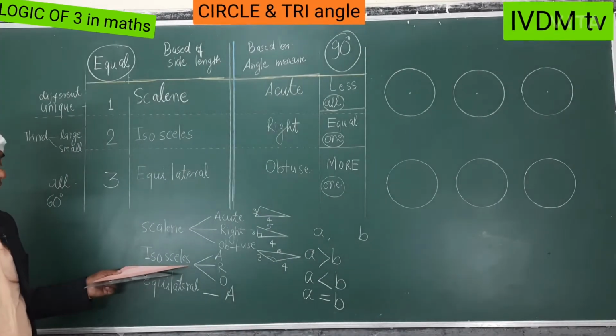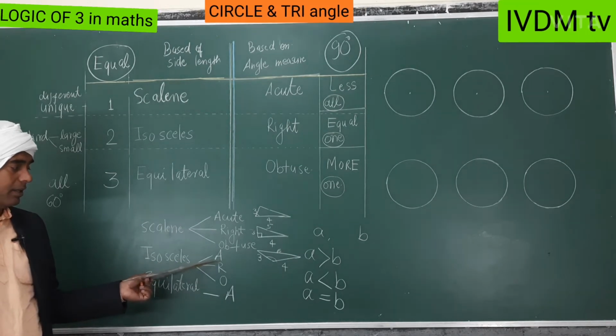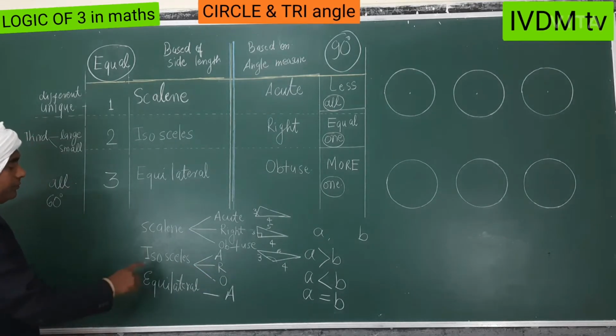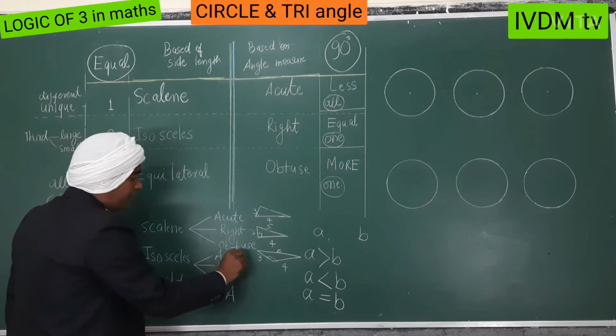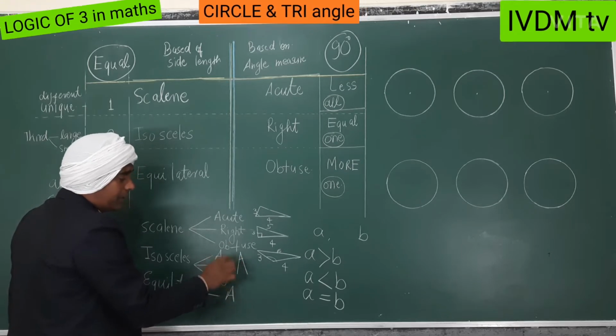Isosceles also may be all the three types: acute, right and obtuse. Just like here, isosceles and acute, it may be the two sides are equal, but the angle between them is acute angle.